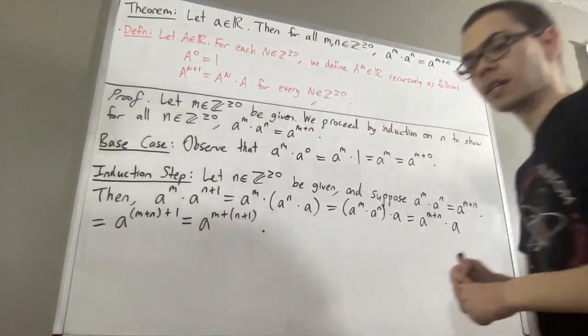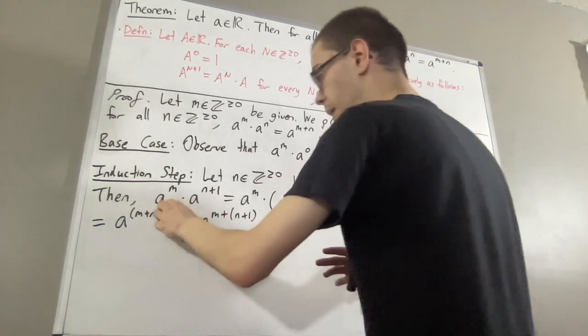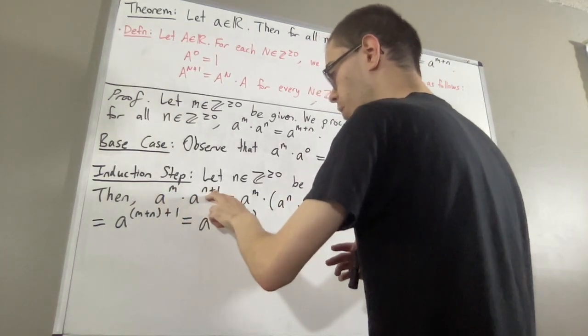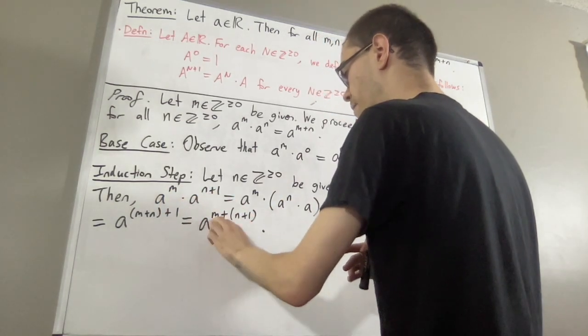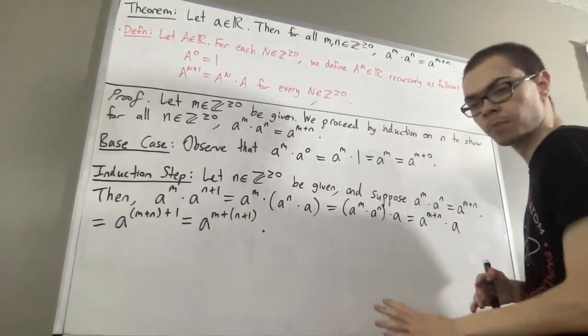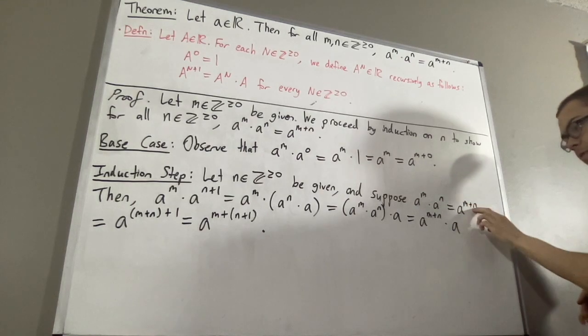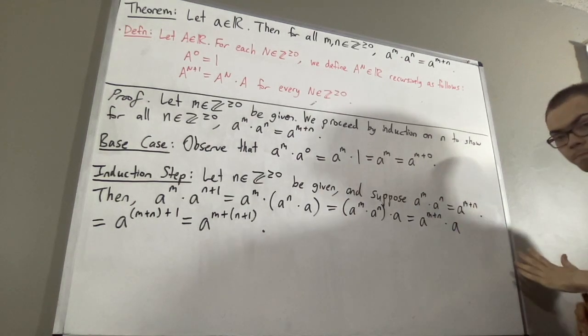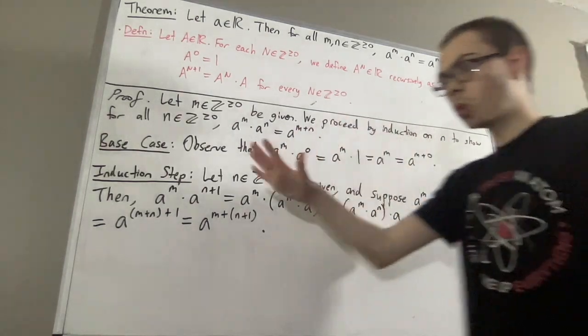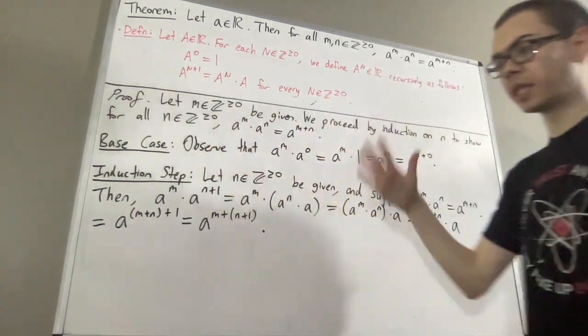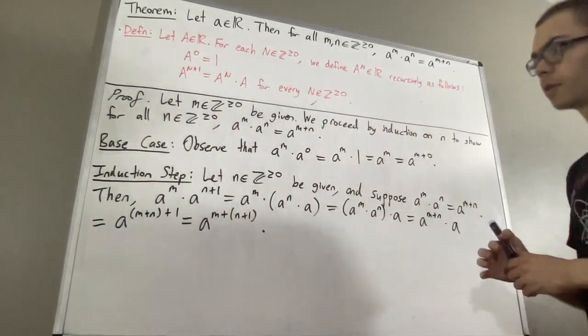And that's it. As you can see, we have shown that a to the power of m times a to the power of n plus 1 is equal to a to the power of m plus n plus 1. So we have shown that this equality is true where instead of n, we have n plus 1. And so that was the whole goal of the induction step. So this completes the induction step.